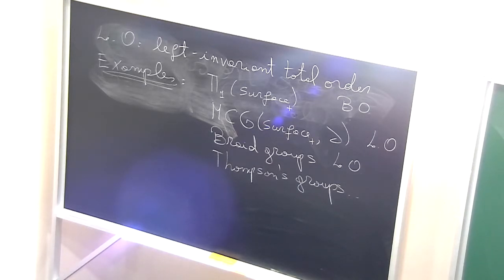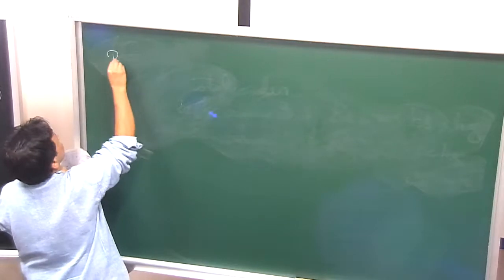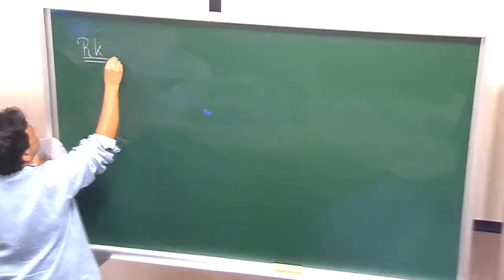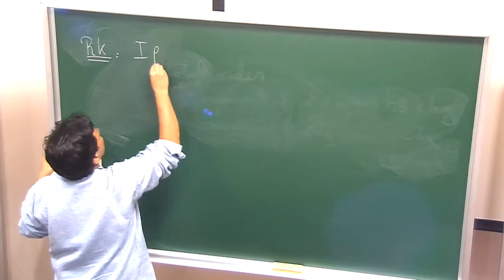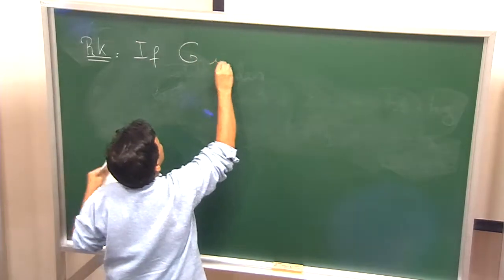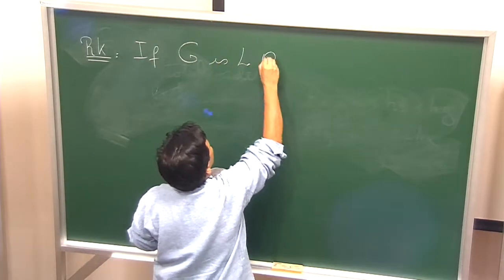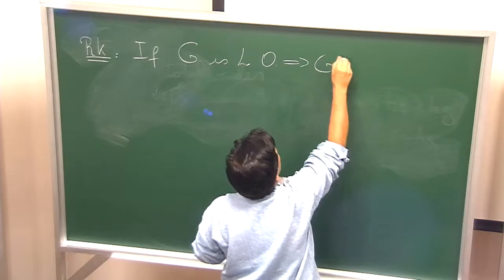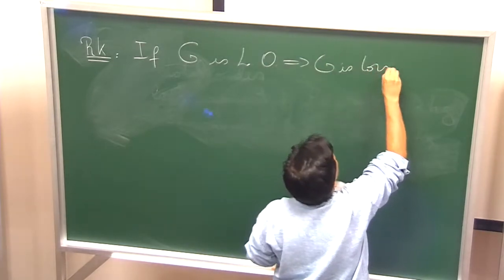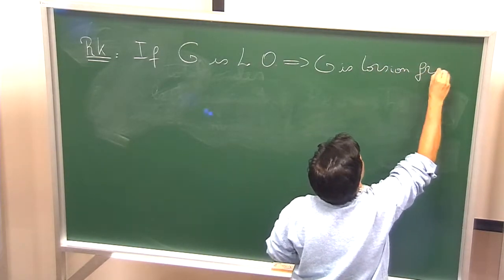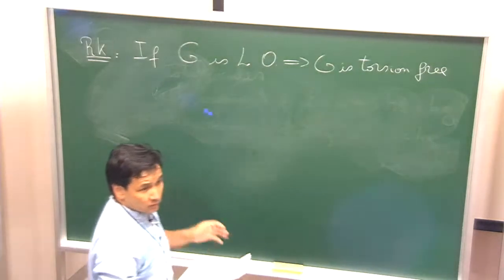Let me give another exercise. Now this is a remark. If G is a left orderable group, then it has no torsion.